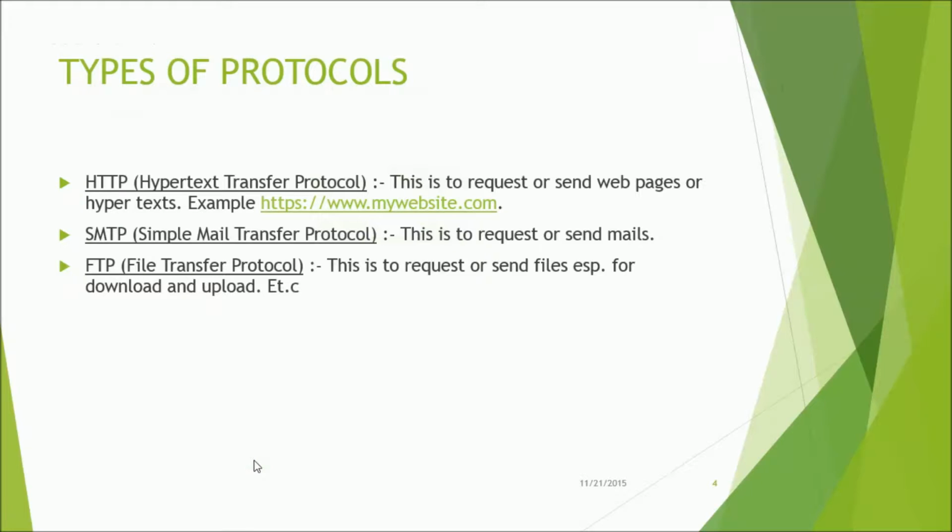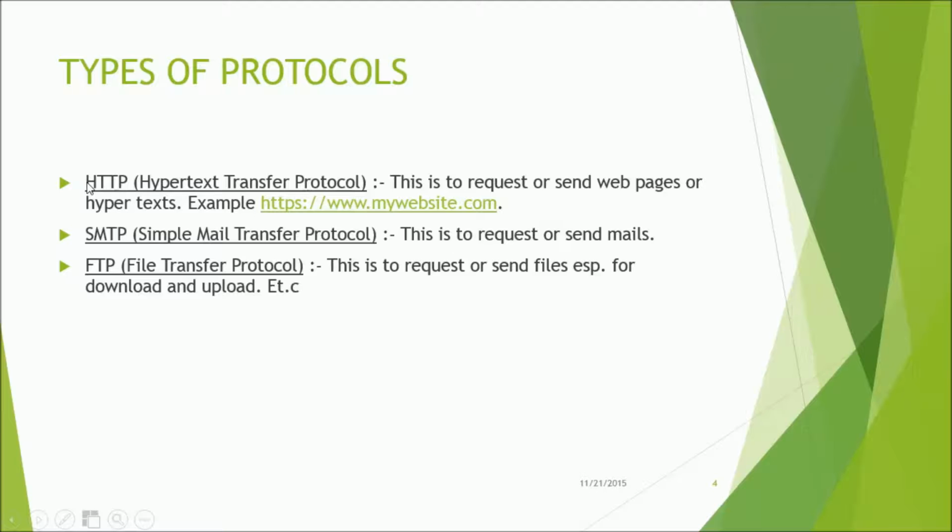Now we have different types of protocols. The first type is HTTP, which means Hypertext Transfer Protocol. This is to request or send web pages or hypertext, for example http://mywebsite.com.